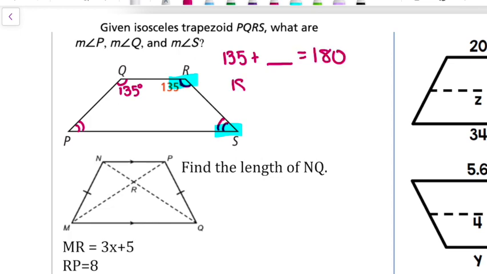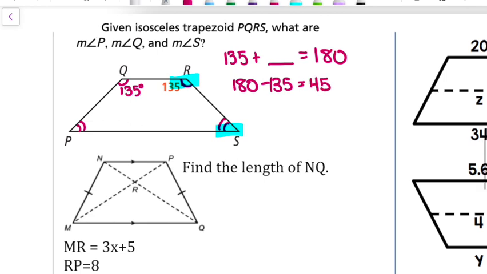You can also think about that as just subtraction. So that is 45. So I know that these little angles here must be 45 degrees so that they add up to 180. Also with isosceles trapezoids, it means that these are parallel. That's why I could use the word same side interior to make that true.